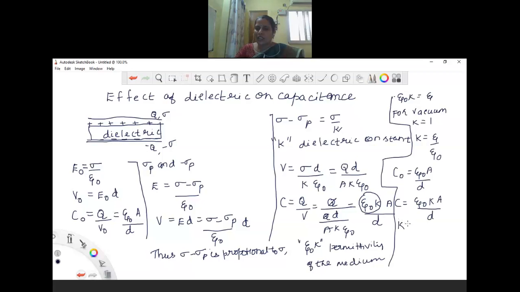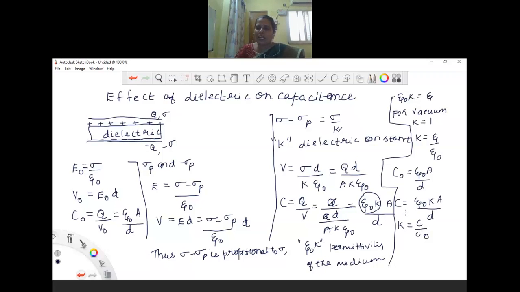K is equal to C divided by C naught. And remember one thing. Always this K will be greater than 1, which means the capacitance of the capacitor increases with dielectric medium.